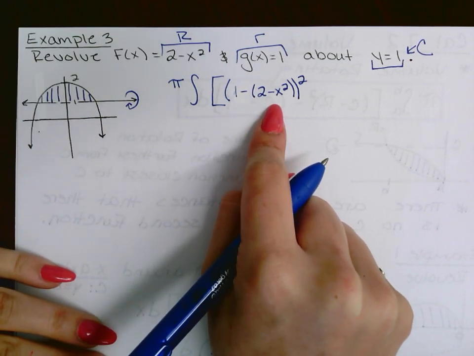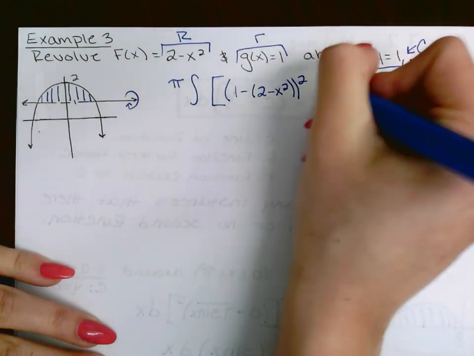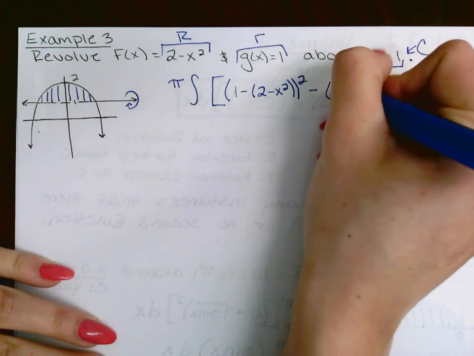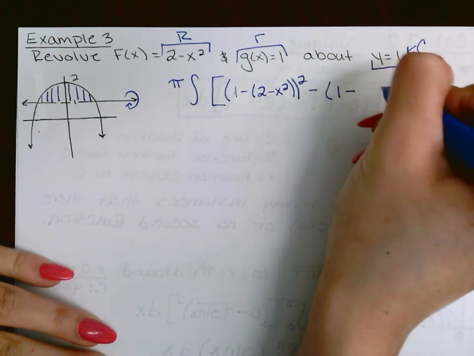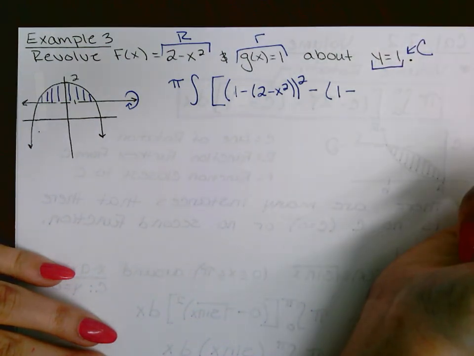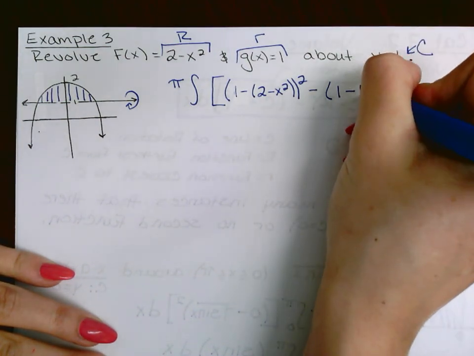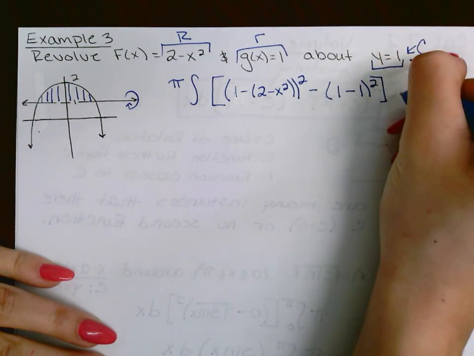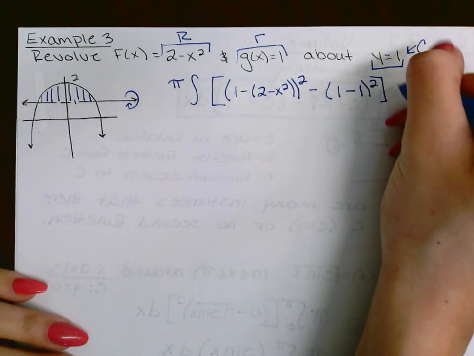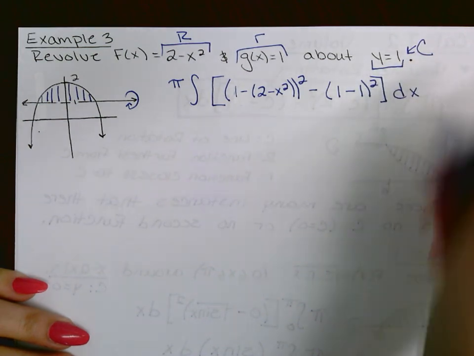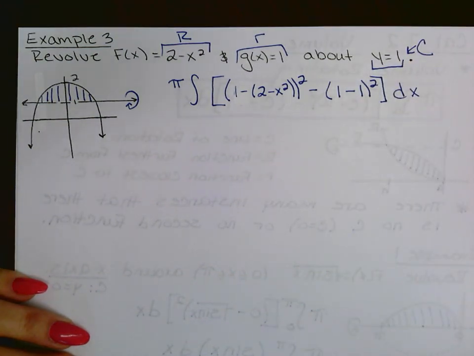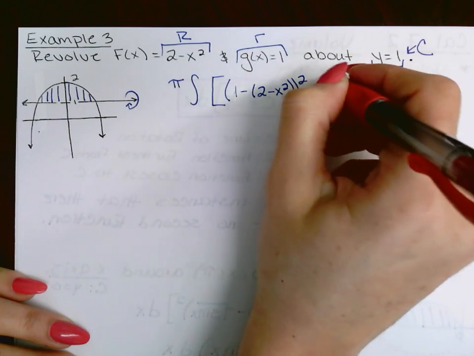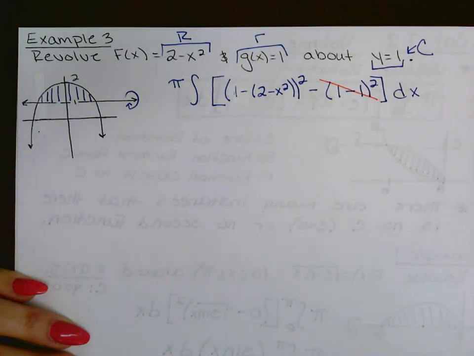Be very careful there, okay? Minus C, which is 1, minus, who's my closer function? 1. Whenever your C and one of your functions is the same exact thing, that portion is going to end up canceling out. Okay? So this whole portion is going to end up canceling out.